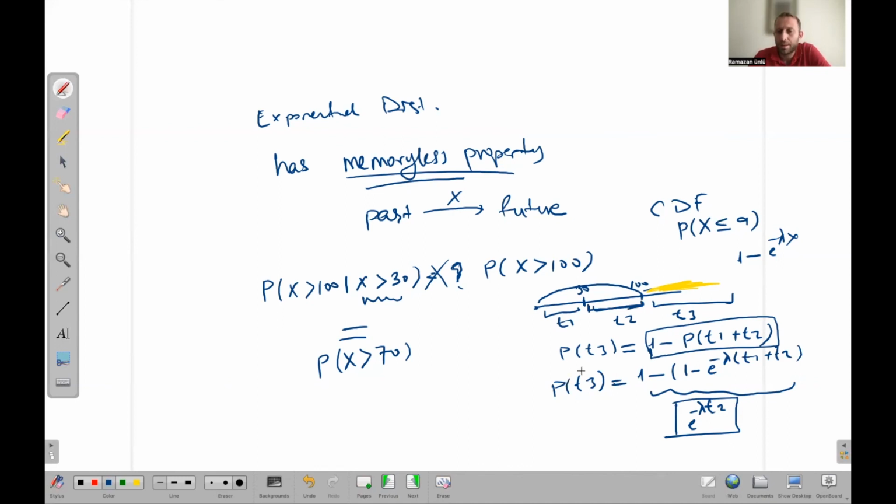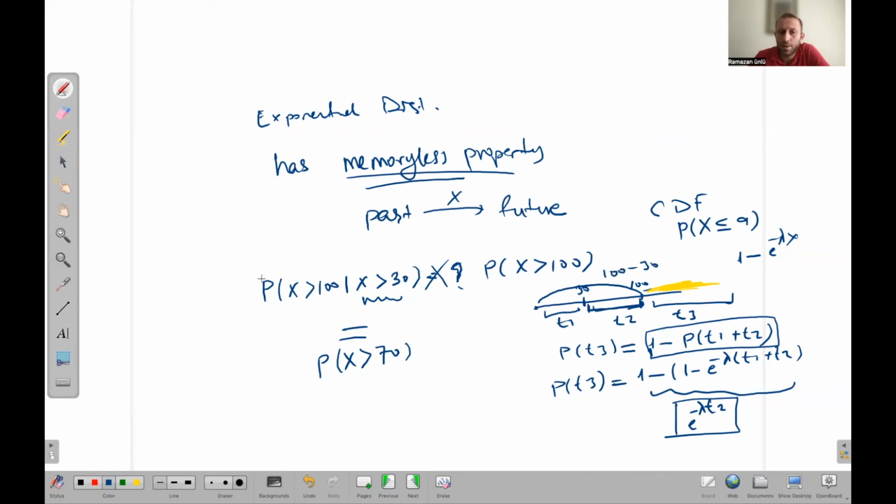So I'm calculating the probability of the remaining part, which is 100 minus 30.